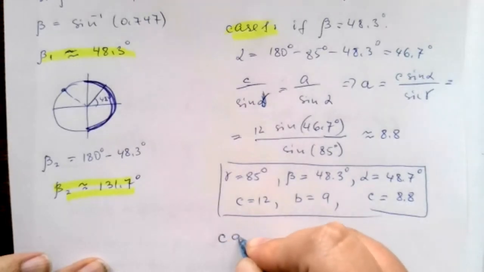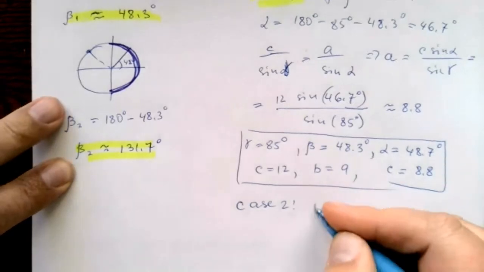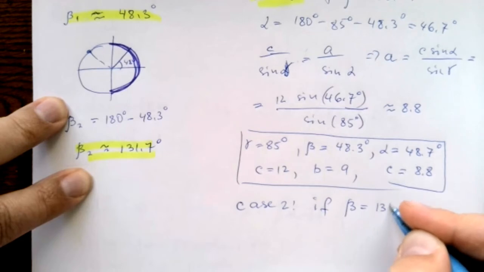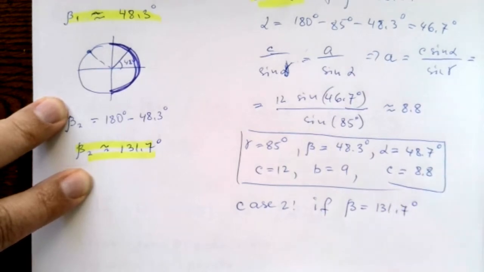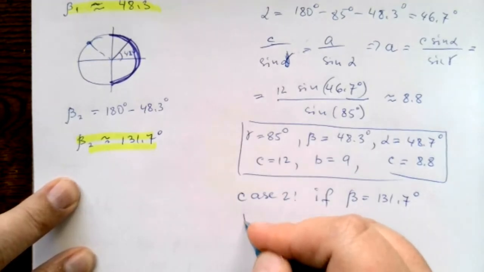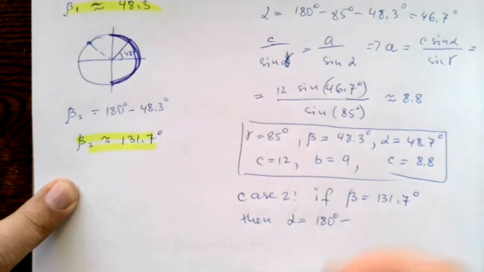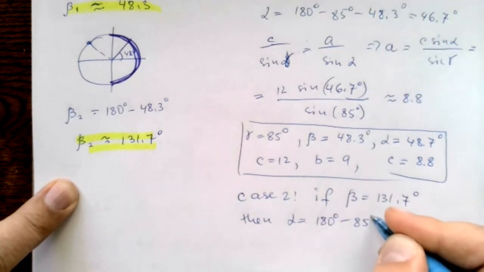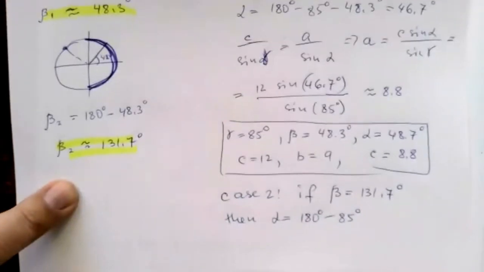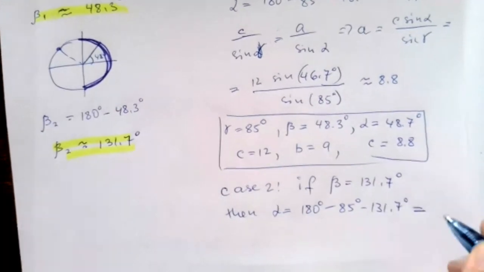And so case two is if beta is 131.7 degrees. Okay, then what's our alpha? Then alpha is 180 minus 85, right? Angle gamma, and minus angle beta, which is 131.7 degrees.